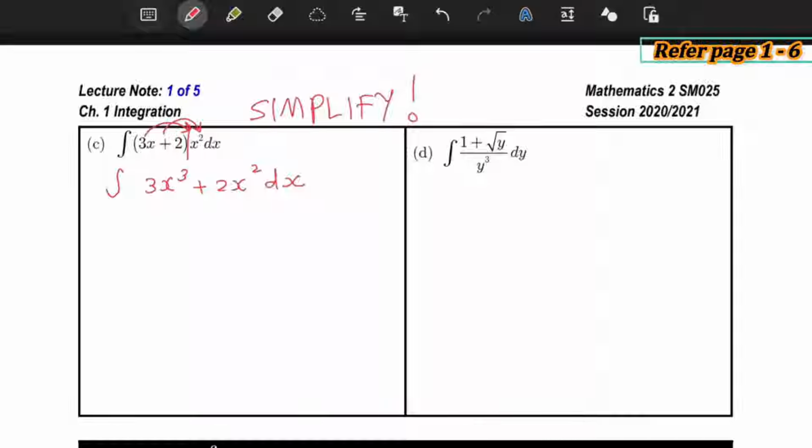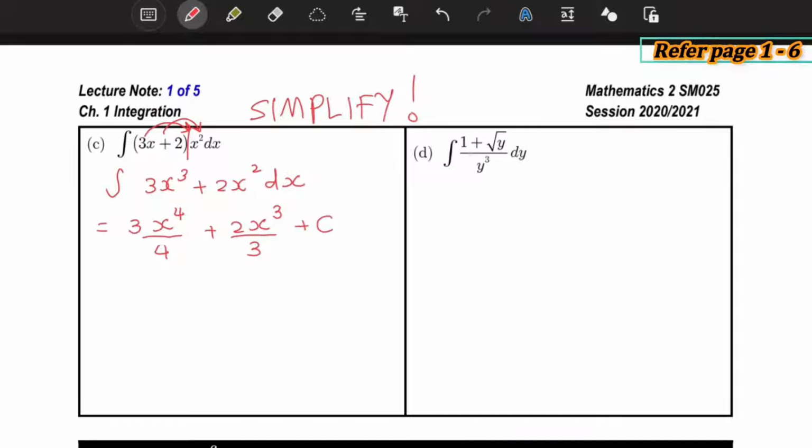So for integration, we need to simplify. Now we find the integral. So we have 3x, increase power by 1, divide by new power, plus 2x, increase the power, divide by new power, and plus c. Done. Very simple, right?